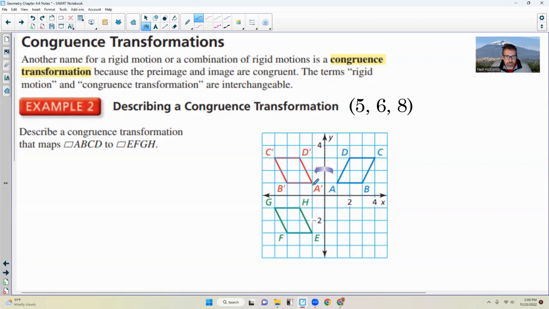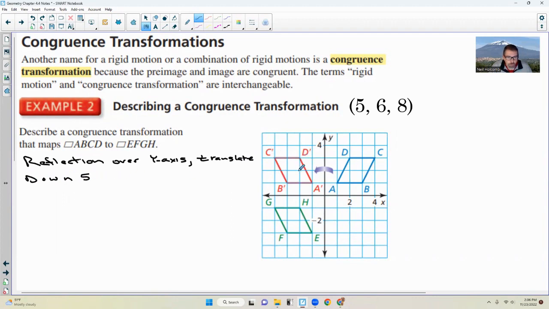Then if I take A and move it down 1, 2, 3, 4, I'm at E. D, move down 1, 2, 3, 4 would end up at H. B prime moved down 4 would be at F, and C prime moved down 4 would end up at G. So this would be a reflection over the y-axis, followed by a translation down, 5 units?